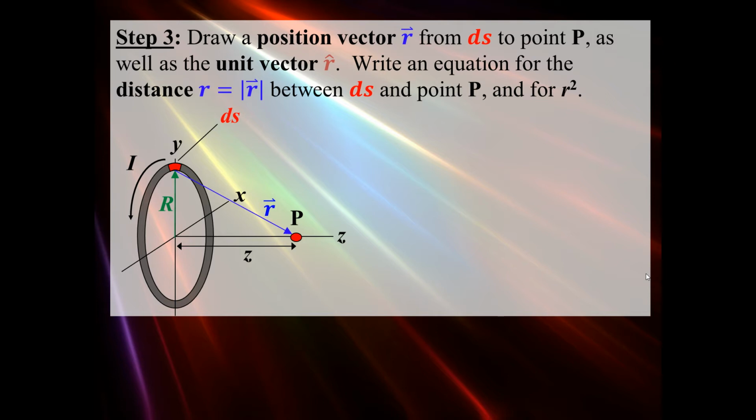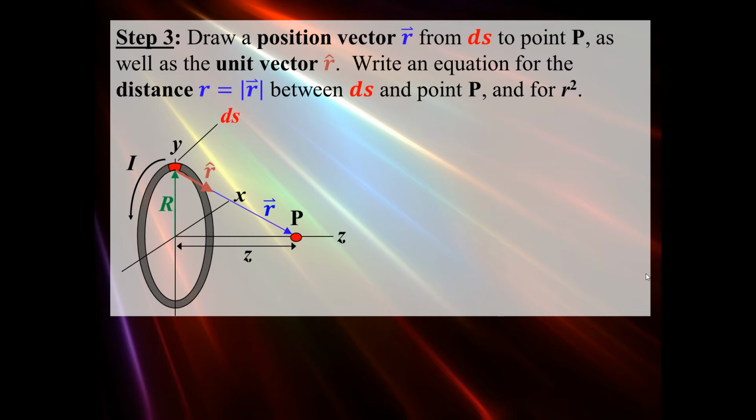Your unit vector r hat points in the same direction as that position vector r, except it just has a length of 1. So if we were to draw this on the picture, my unit vector would, again, point down and towards the right, except it would just have a length equal to 1. But it does point in the same direction as that position vector.